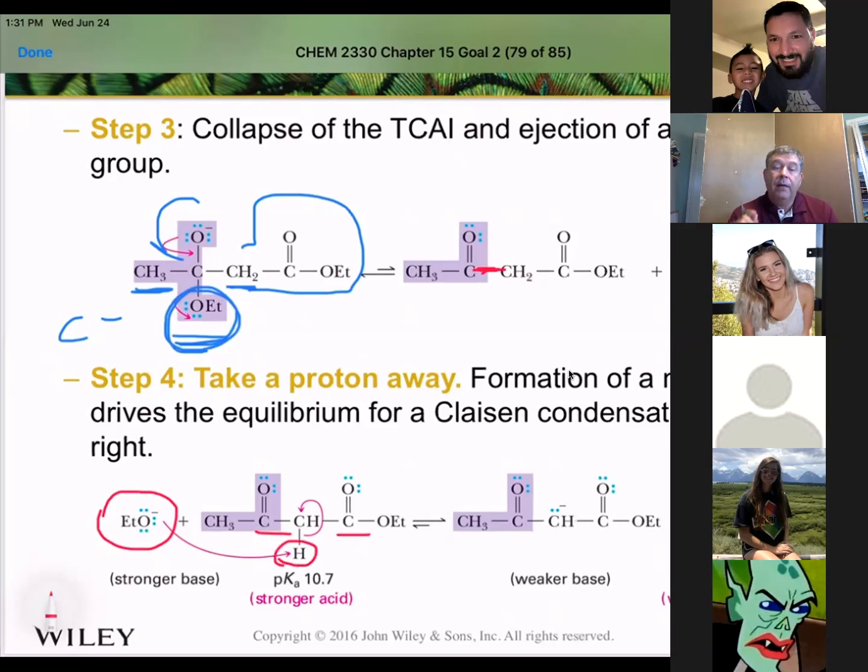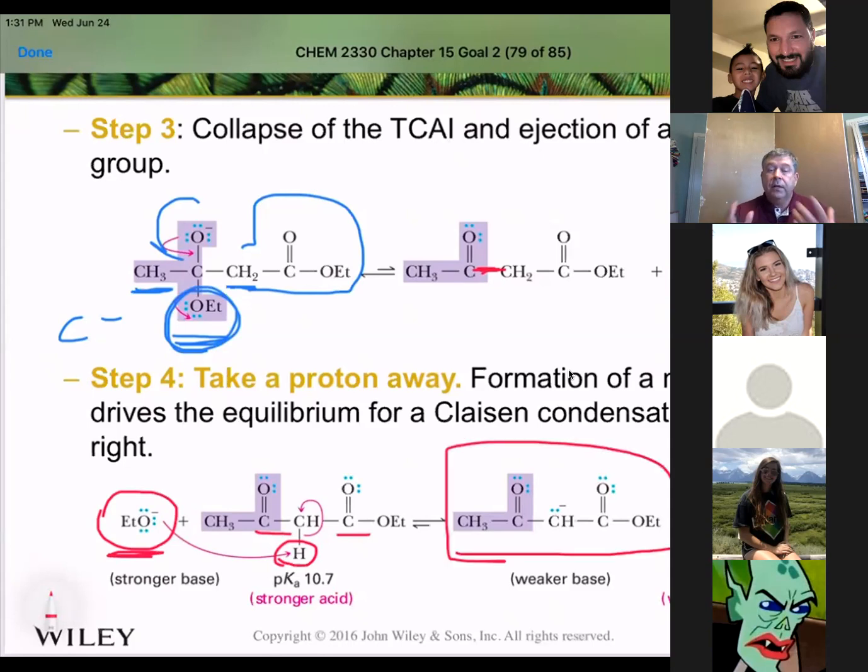Remember, when you have a single carbonyl, that's an acidic alpha proton. But when you have two carbonyls, that makes that proton even more acidic. So that strong base reacts to form this compound here.